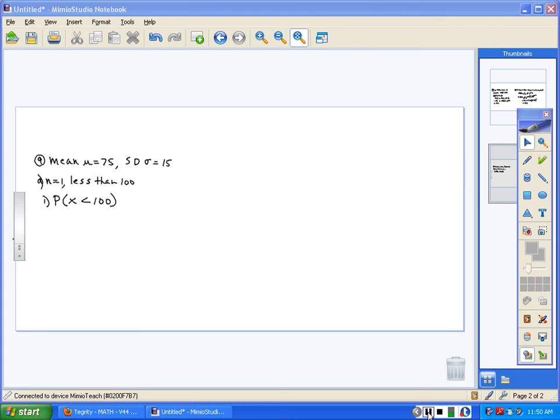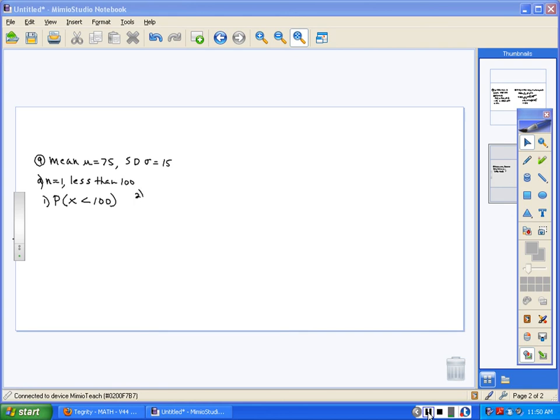In order to use table A2 in the back of the book, which is the standard normal distribution, and in the standard normal distribution, the mean is 0 and the standard deviation is 1. But we don't have that, but we're going to use that table. So we have to standardize our units, or as I call it on the handout, changing from the x world to the z world. And steps 2 and 4 are scratch work, so I do them over to the side.